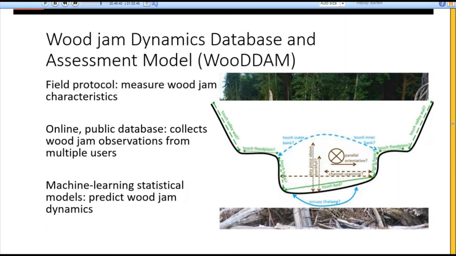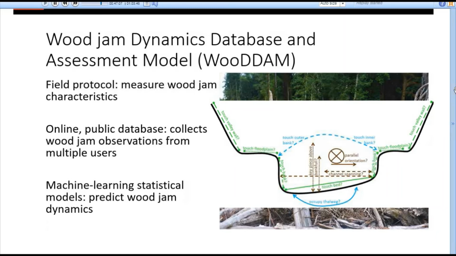So the whole idea with WooDDAM is that we've introduced this way of measuring jams that almost anyone with a basic river science background can do, and then they can collect this data, they can go out, survey jams, understand the characteristics, go back after high flows and measure how jams have changed, again using these very simple and sort of cheap to measure characteristics, and then they can submit that data to an online public database.